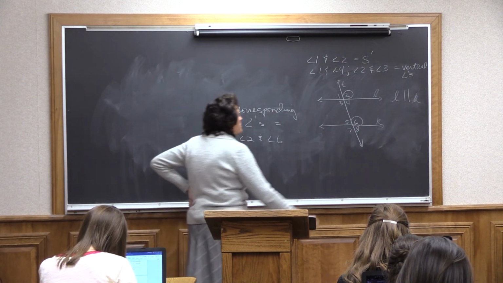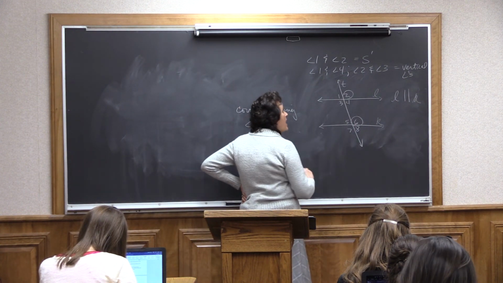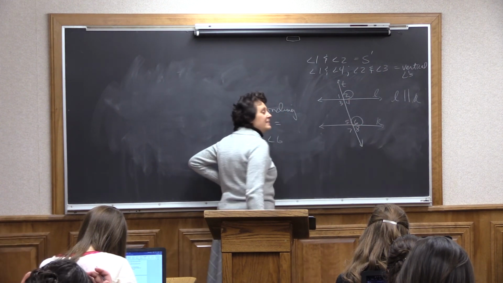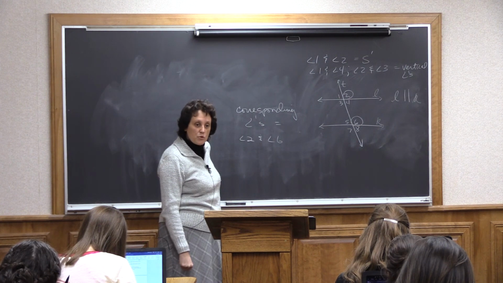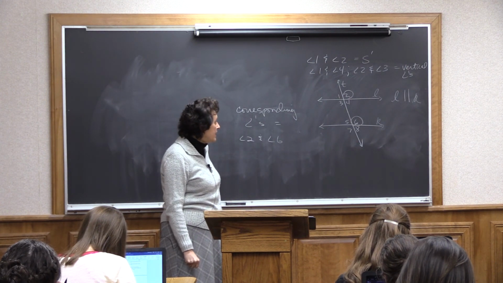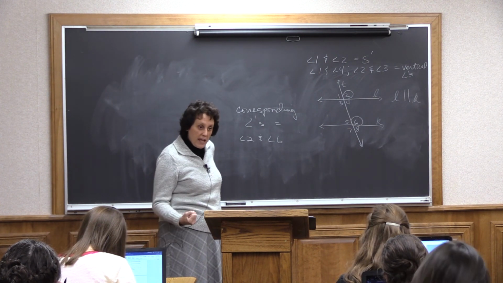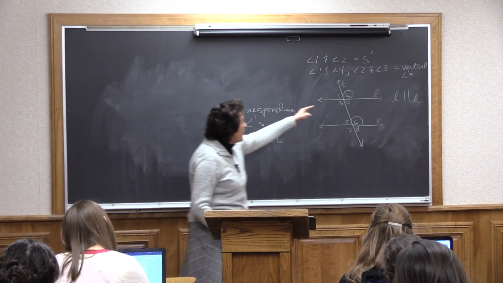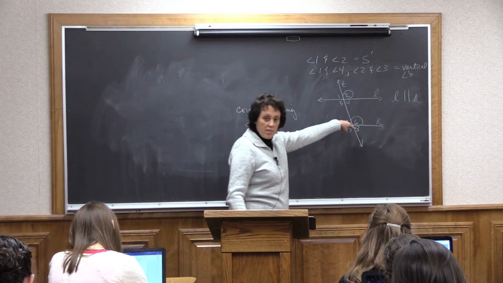You can see 1's going to correspond to 5, 3 corresponds to 7, 4 corresponds to 8. So corresponding angles are equal. Same location, but on the other figure. In this case, same location, but on the other line.